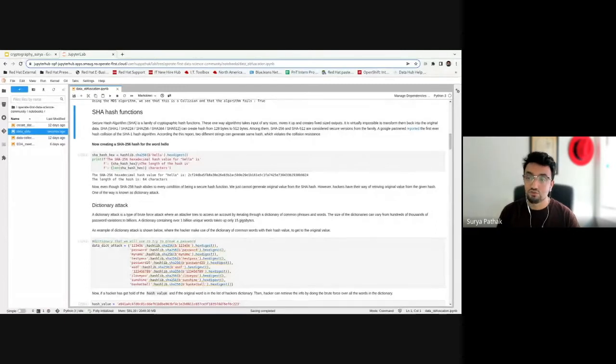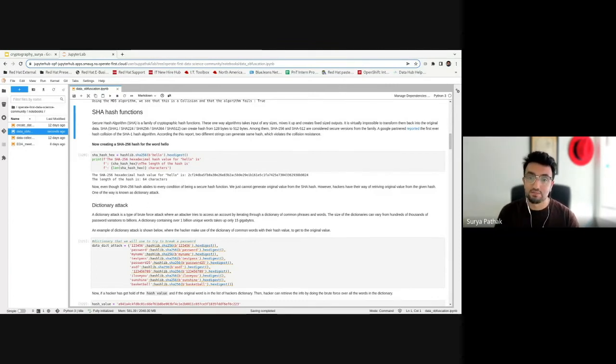Among them, SHA-256 and SHA-512 are considered to be the secure versions of the family. There's another reported paper which shows that there is a hash collision for SHA-1 as well. So SHA-1 is no longer secure now, but SHA-256 and SHA-512 still hold on to their hash properties.